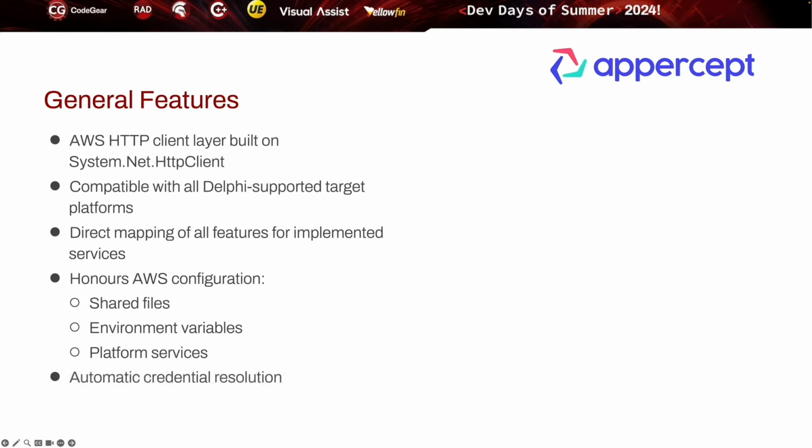We have automatic credential resolution, just as I mentioned. We look in all of the typical places for your credentials and load them as appropriate. We automatically refresh those credentials as well, because credentials are not typically long life on AWS. They normally are short life with an ability to refresh, as long as the conditions are met for refreshing.